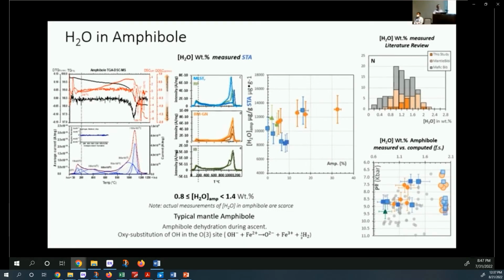And in fact, this kind of value is characteristic of pargasite in the mantle, as you can see in the literature review figures here. It's of course nowhere near the 1.82 weight% that you would expect from stoichiometry. And that basically means that most of the mantle amphibole has undergone dehydration and oxy substitutions.